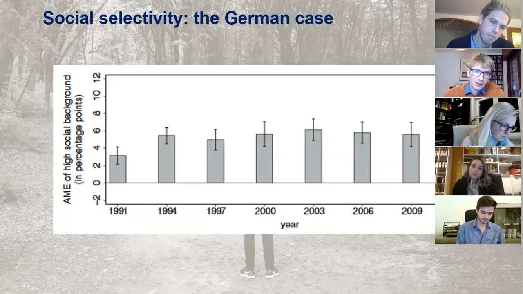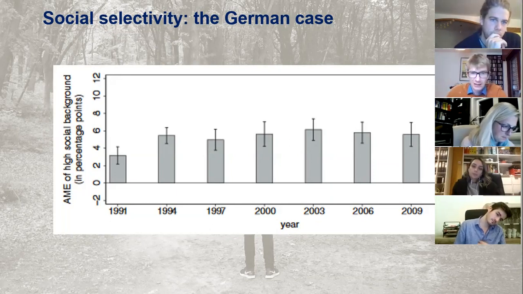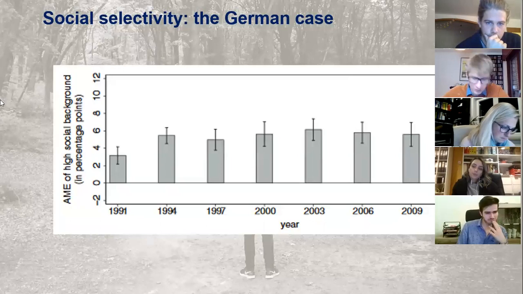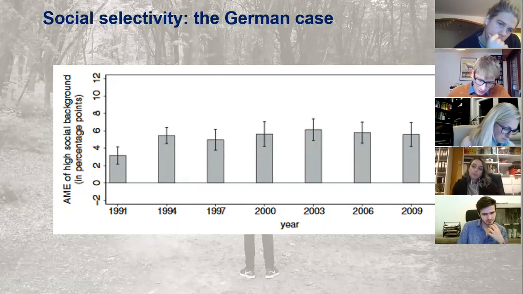Here you see the graph that they made about participation in study abroad by those from high socioeconomic backgrounds, and you see that it increased by 3 percentage points between 1991 and the beginning of the 2000s.